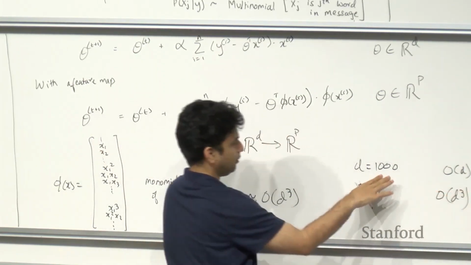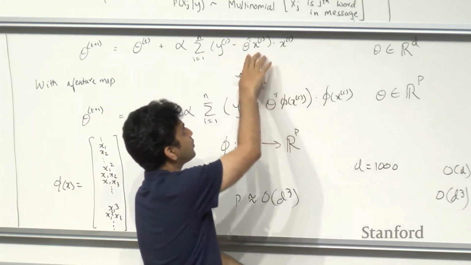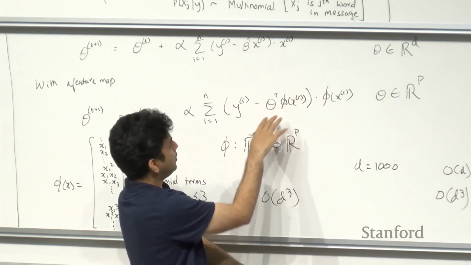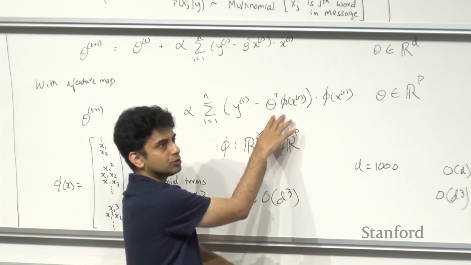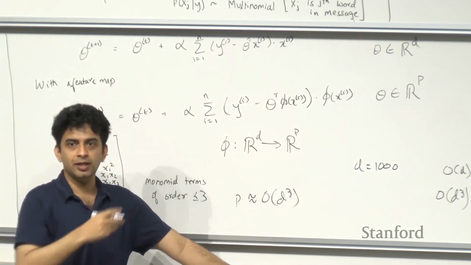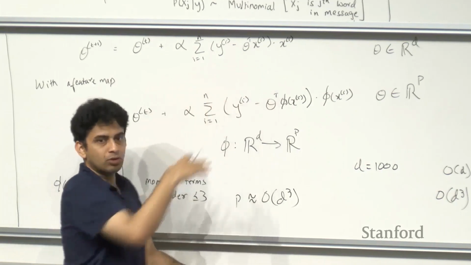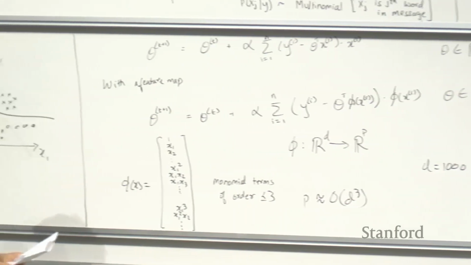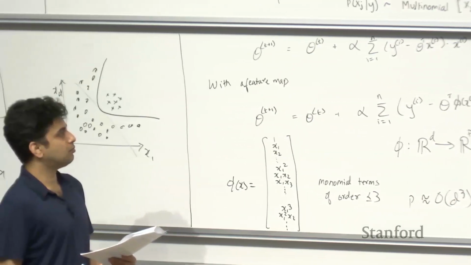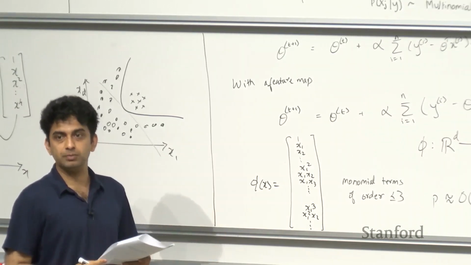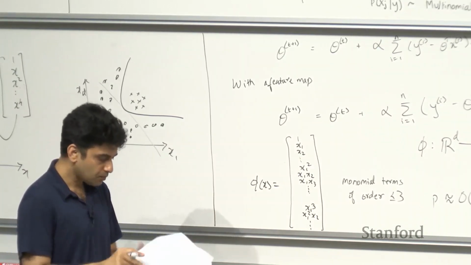So with d equals 1000, this would take about 1000 time steps, whereas this would take 1000 cube, like 1 billion time steps. So potentially each update can be 1 million times slower, and that expense is mostly because we happen to choose a higher dimensional feature space.